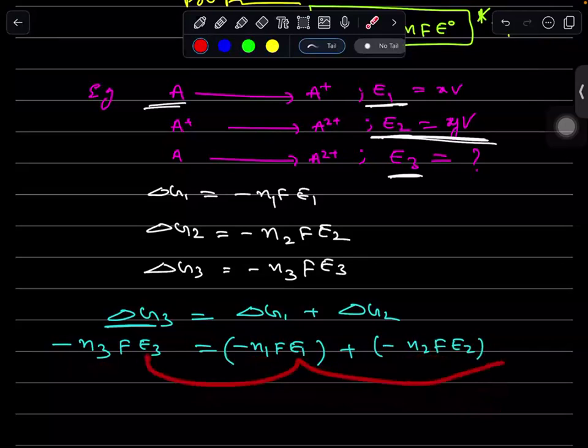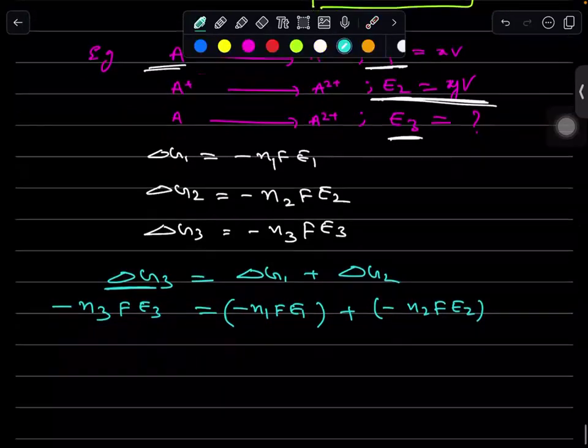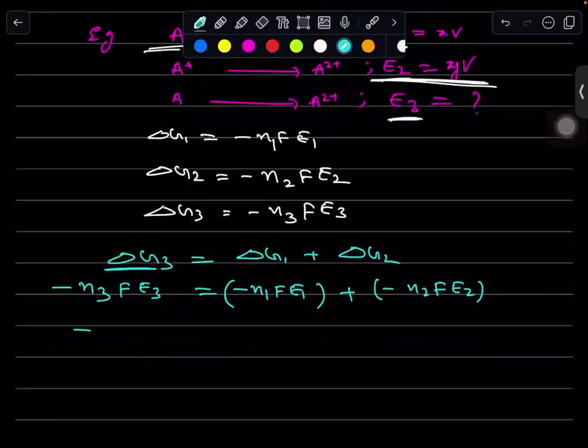E1, E2, E3 are potentials. What does F stand for? F stands for 96500 coulombs. So I will take F as common: minus F N3 E3 is equal to minus F times N1 E1 plus N2 E2.